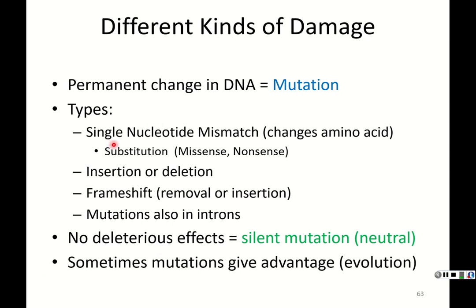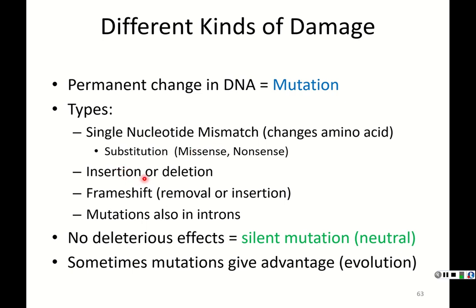Types of damage: you can have a single nucleotide mismatch, right? That may change an amino acid. Sometimes they don't, but oftentimes they do change the amino acid. So in that sense, you have a substitution of one base for another. Those are typically termed a missense mutation.